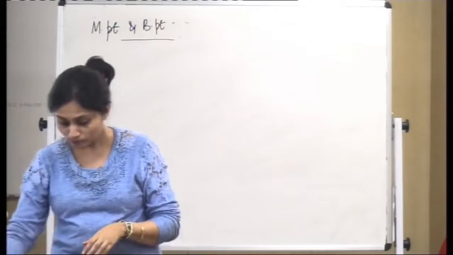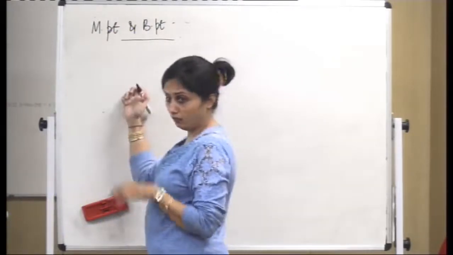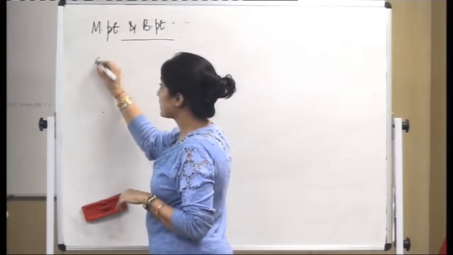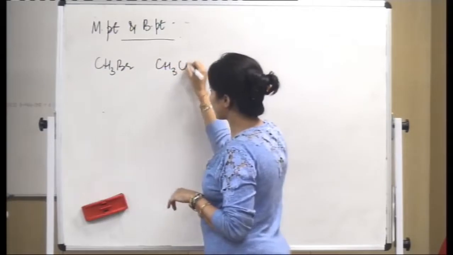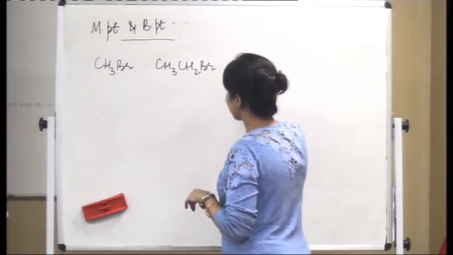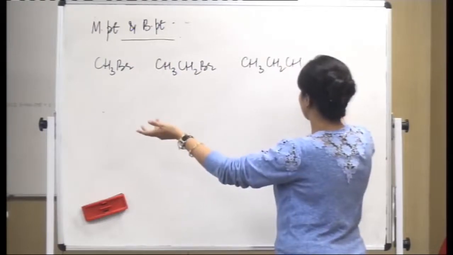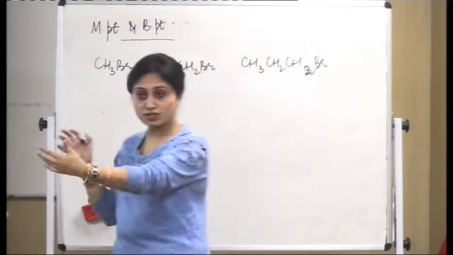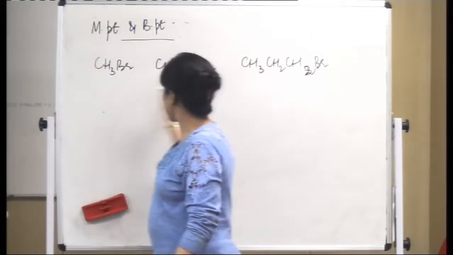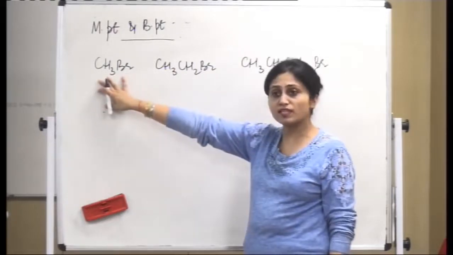Okay. Now when I am talking about alkyl halides, say if I talk about CH3Br, CH3CH2Br, and CH3CH2CH2Br, and I can keep on elongating the chain. Remember, as the chain is increasing, the polarity for all of them is almost the same, because the polarity is remaining only between the C-Br bond.